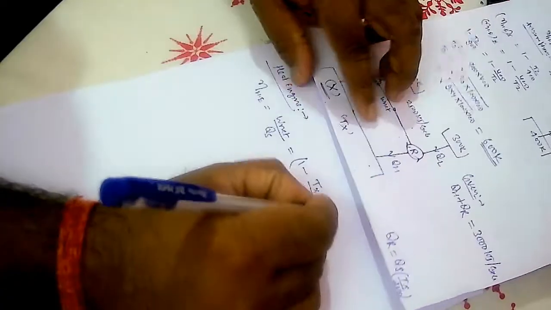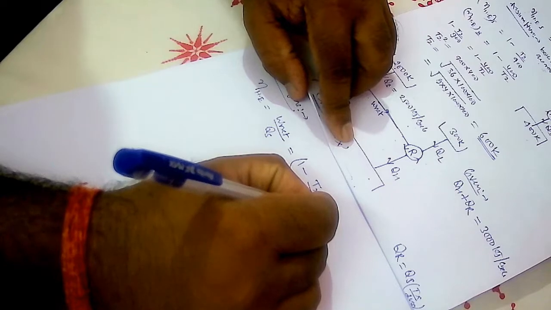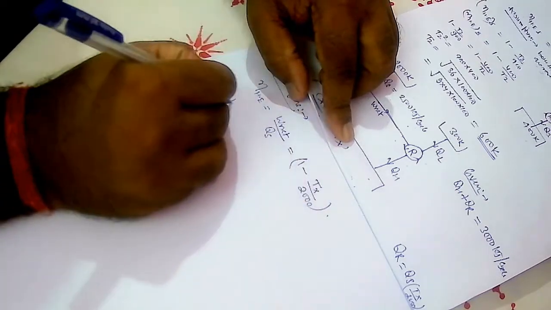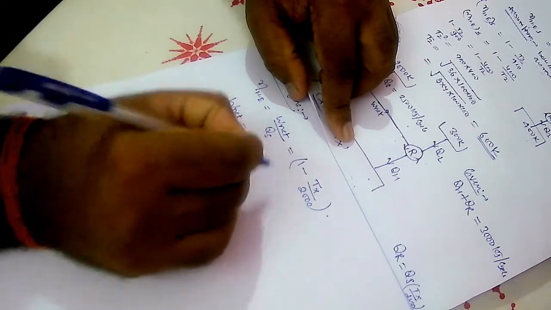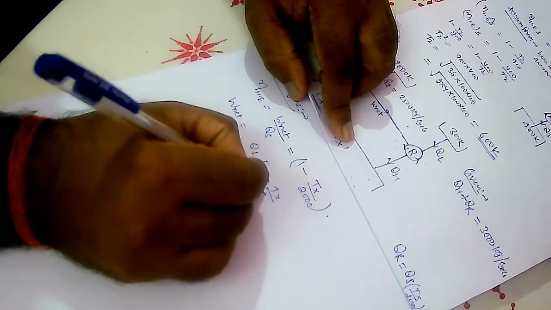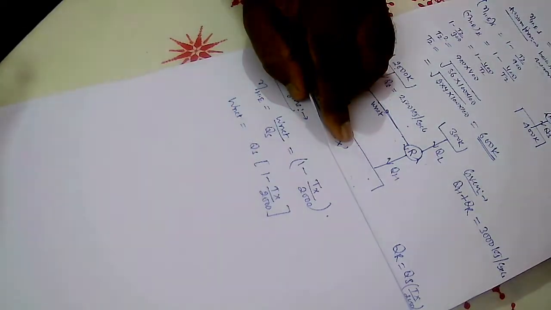So we can write W net is equal to Qs times 1 minus Tx divided by 2000.